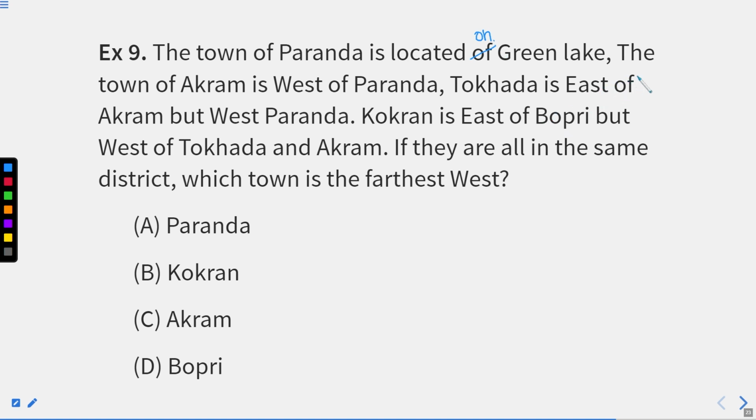On Green Lake. The town of Akram is west of Paranda. Okay. Tokadha is east of Akram but west of Paranda, right? Kokaran is east of Bopari but west of Tokadha and Akram, both.